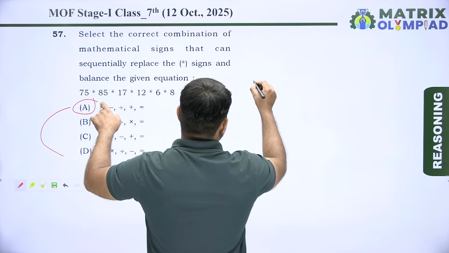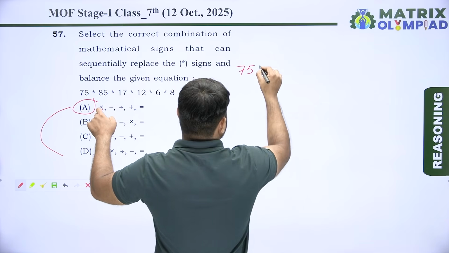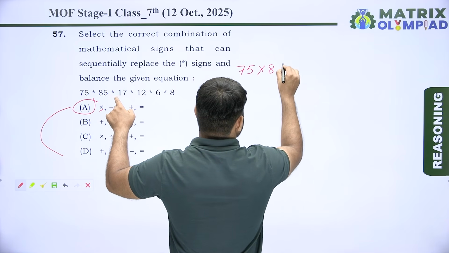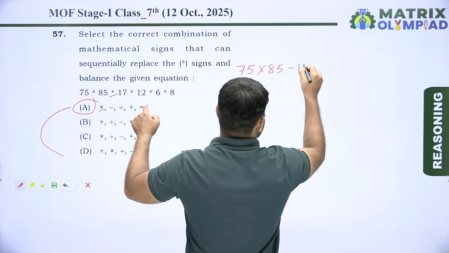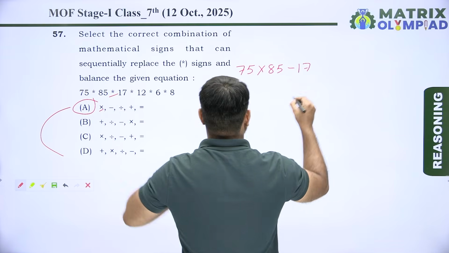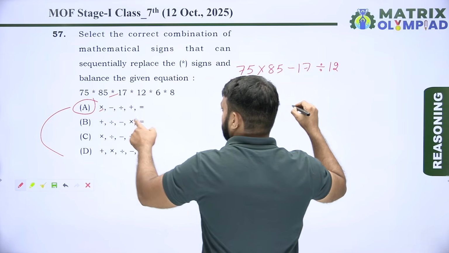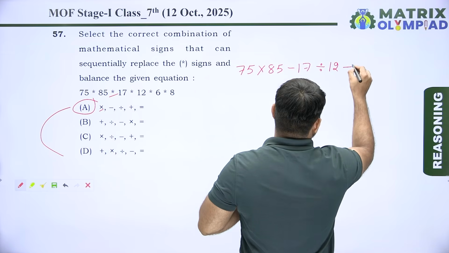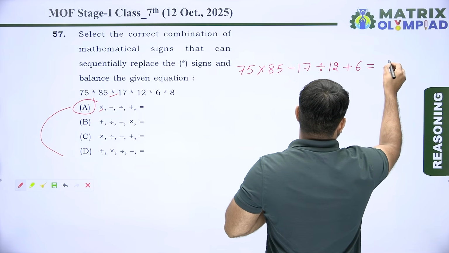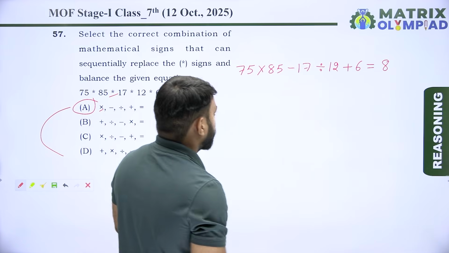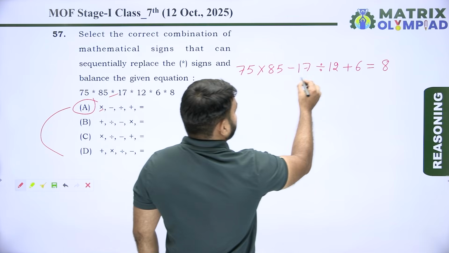So according to option A, 75, the first asterisk means multiply, 85, the second asterisk means minus, 17, the third asterisk means divided by, 12, the fourth asterisk means plus, 6, and the last means is equal to 8. So now using the BODMAS rule in this equation, first divide the numbers.